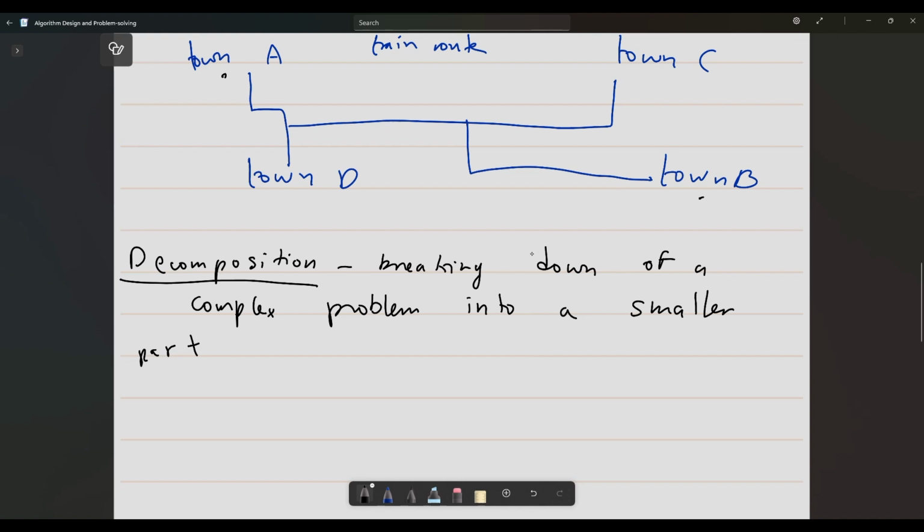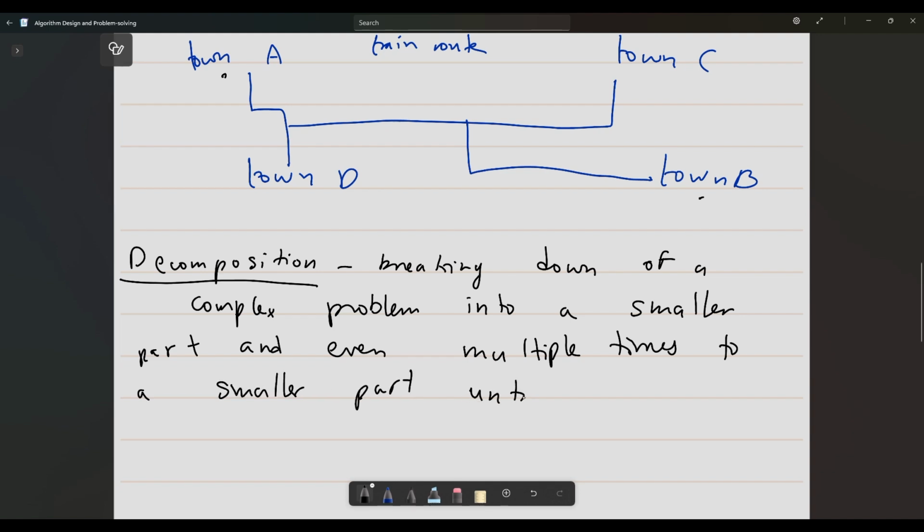Initially, we don't need to break it down just one time into a smaller part. We can do it multiple times, into smaller parts, until the problem is very simple and broken down to understand.